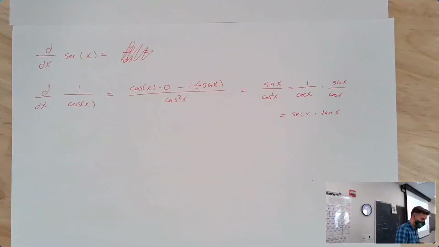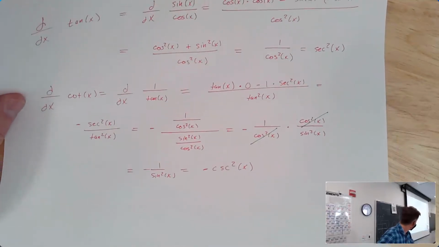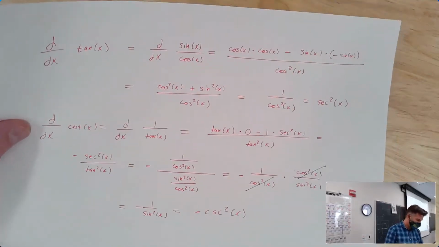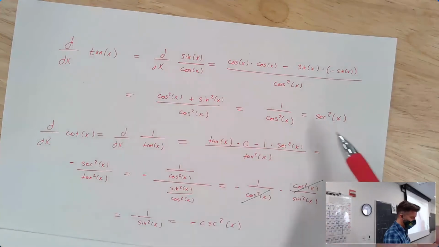Before we do the last one, I want to point out a pattern that I have noticed over the years. We look back at tangent and cotangent. I'm going to make an emphasis on the co part of these trig functions. So when you have a trig function and a co-function, they have some properties. But the one I want to emphasize here is that the derivative of tangent is secant squared.